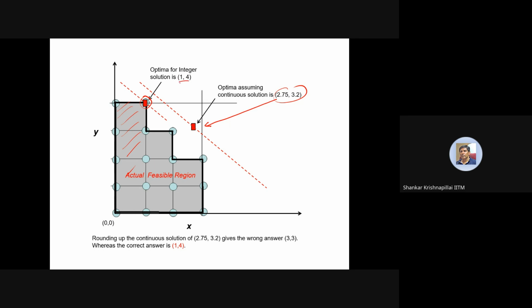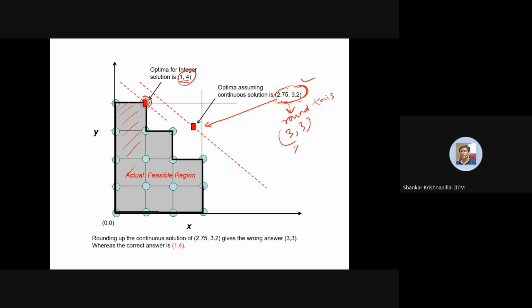So the optima for integer x and y is 1, 4, and the optima for continuous x and y is 2.75, 3.2. Now suppose we find the optima using the continuous values of x and y, and we just round up the solution. So you get 3, 3.